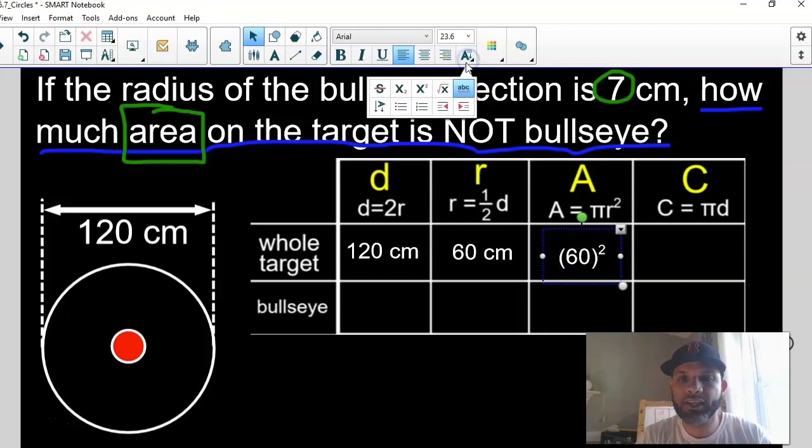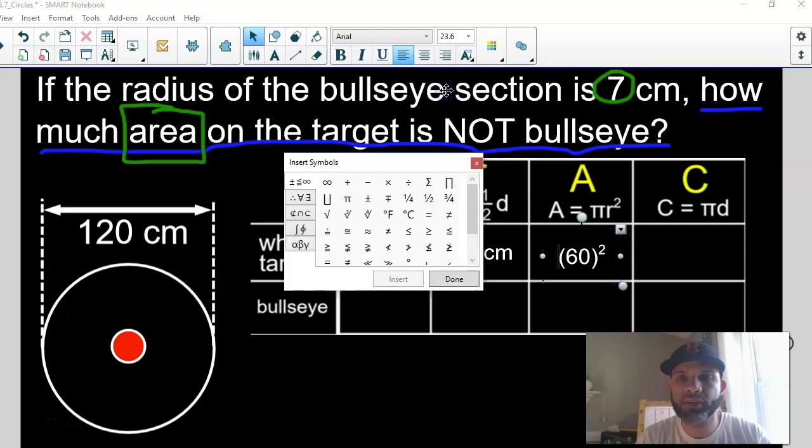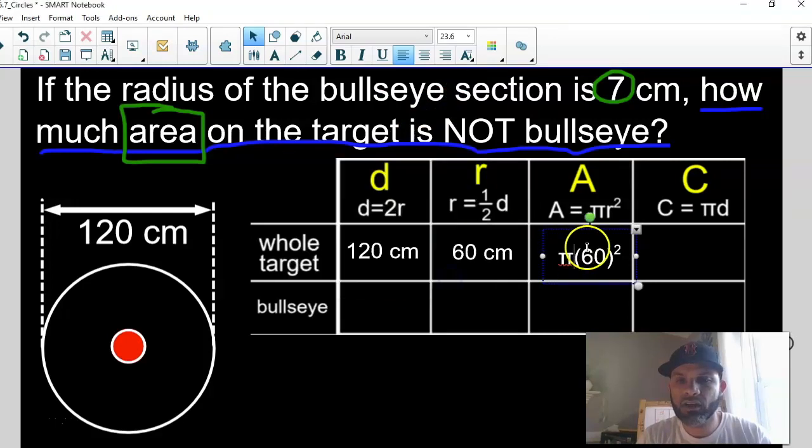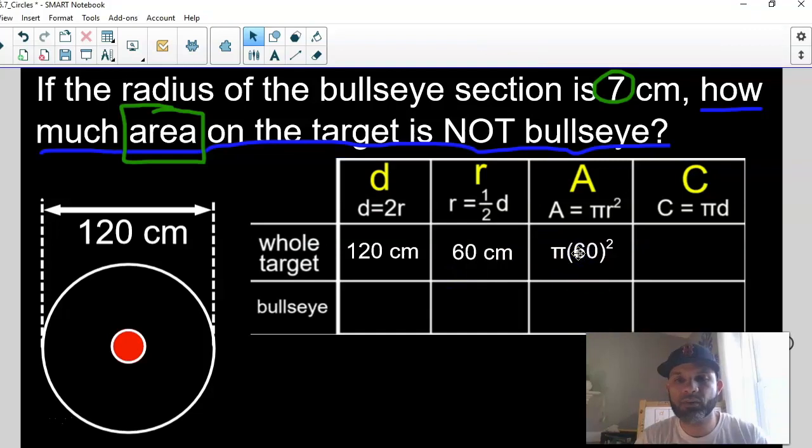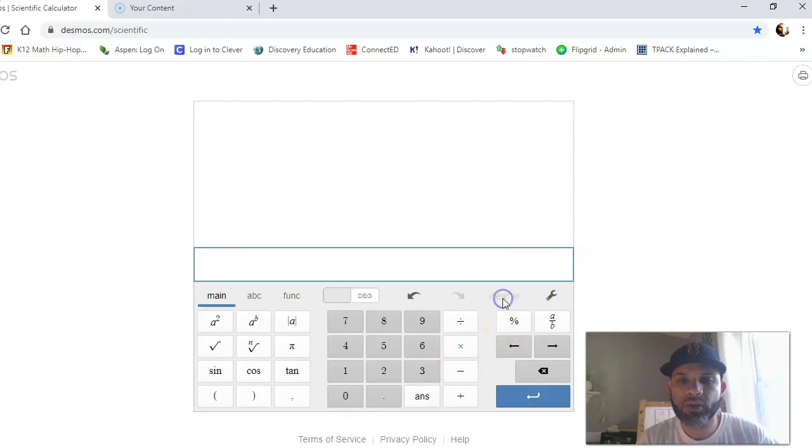So we're going to, again, use our decimals. Very important that we're using that, guys, because it's even better than the TIs that we tend to use, right? Decimals does the calculation for you here, but this is going to be pi times the radius squared, pi times 60 squared. So let's do it.